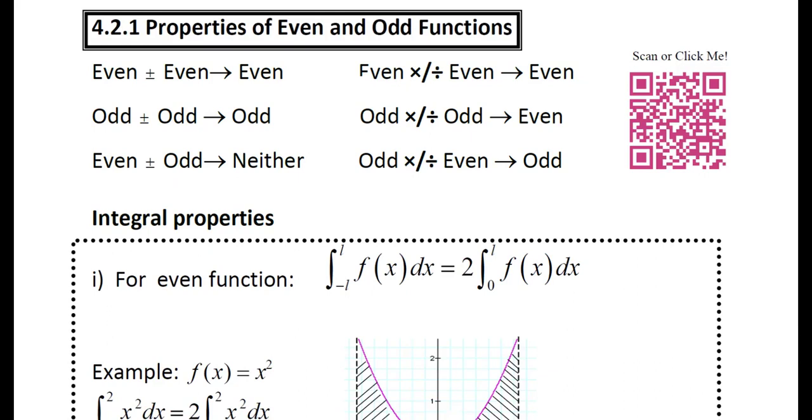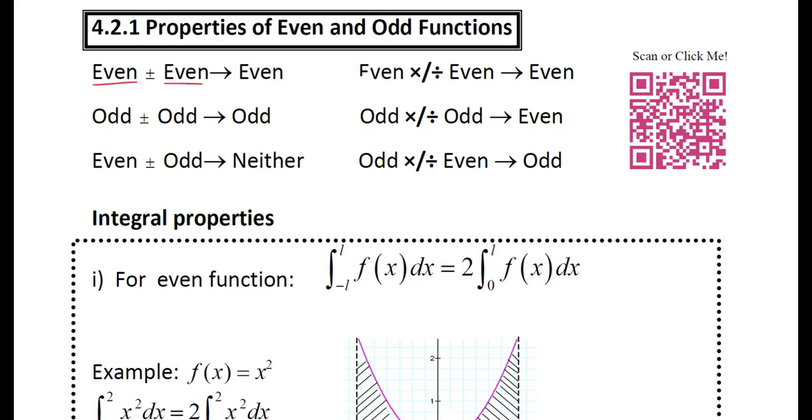Okay, under 4.2, even and odd functions, you have 4.2.1, which is the properties of even and odd functions. So, for example, you have two functions, function 1 and function 2, which is even plus even, you will get even function.